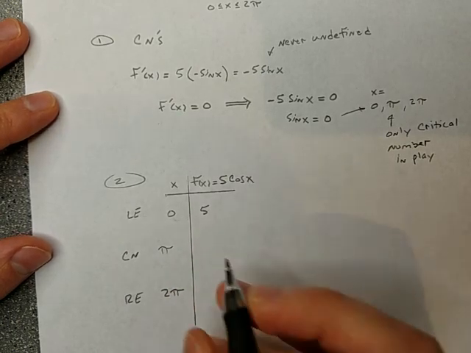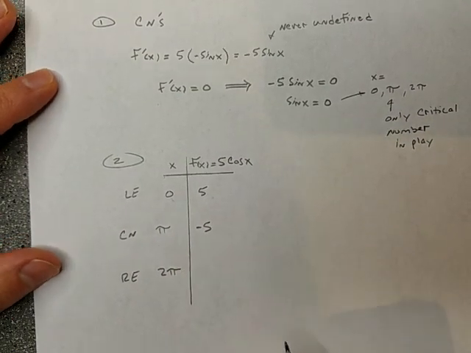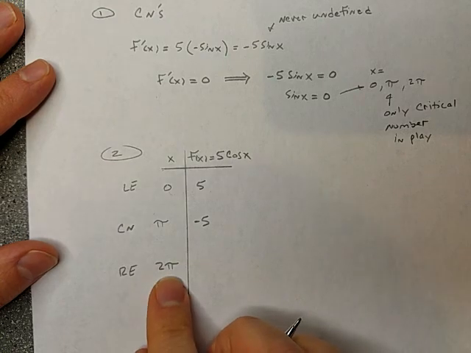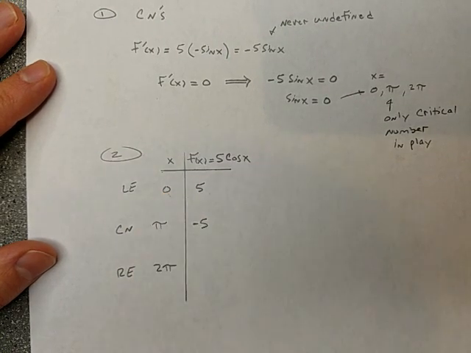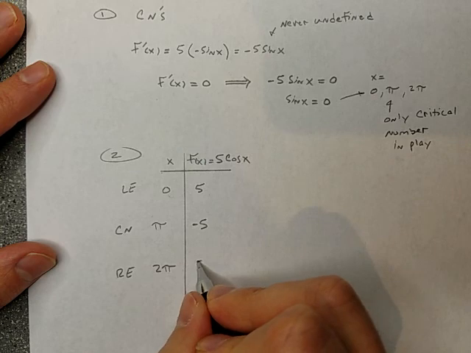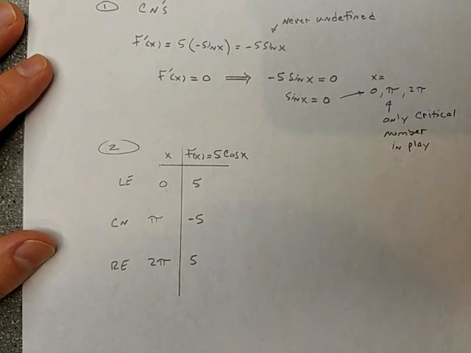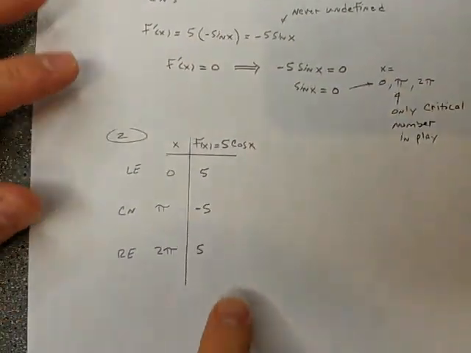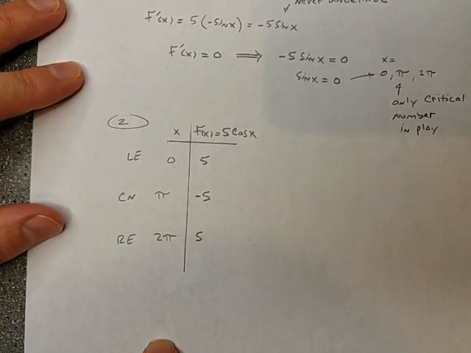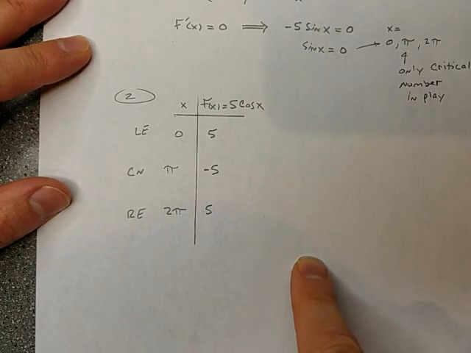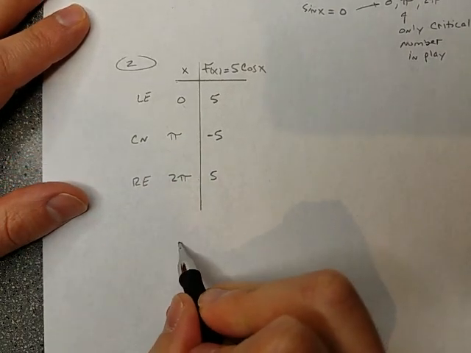Cosine of pi is negative 1, so I get negative 5. And then cosine of 2 pi, same thing as cosine of 0, that's going to be 1, so this is also 5. Okay, so I'm seeing on that window, it starts at 5, dips down to negative 5, rises back up to 5. Looks something like this.